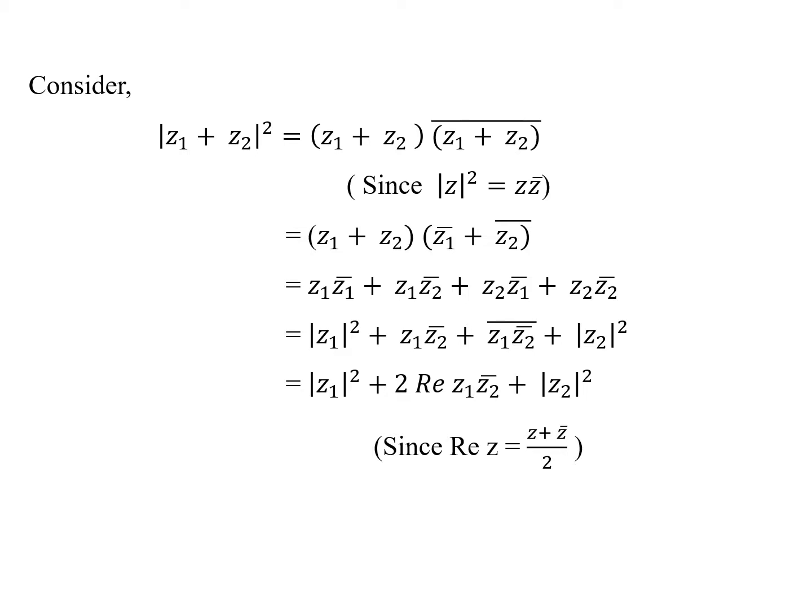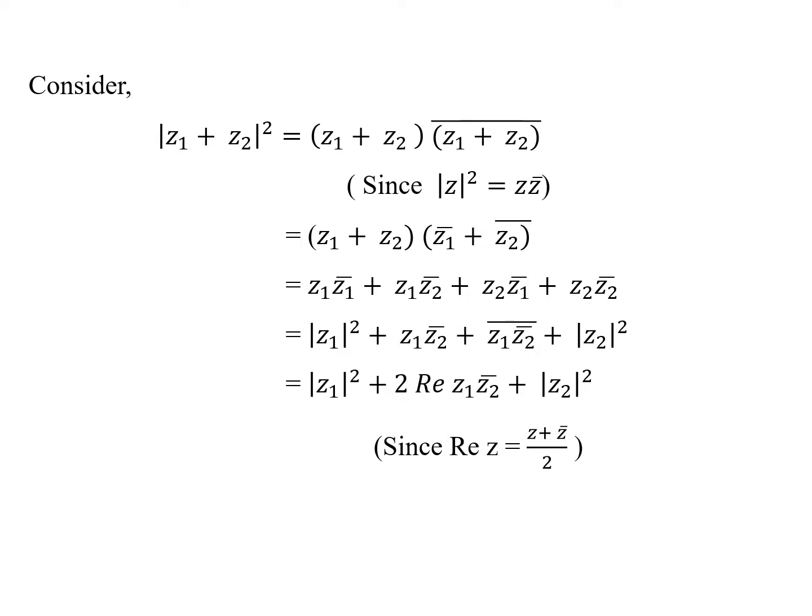Now we apply the same result, z into z conjugate equal to mod z square. Therefore the first term is mod z1 square, and z1 z2 conjugate we keep as it is. The third term we rearrange for convenience as the conjugate of z1 into z2 conjugate, because the conjugate of a conjugate is again z, so it is z2 into z1 conjugate.